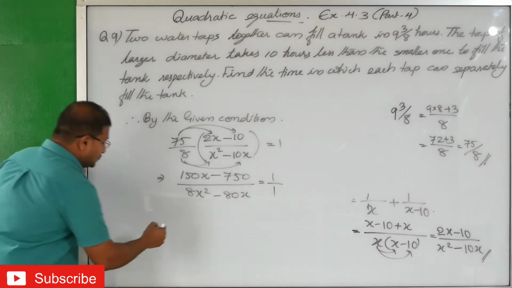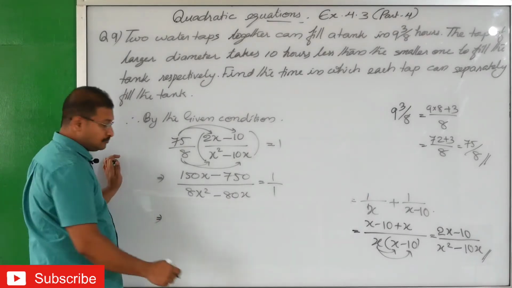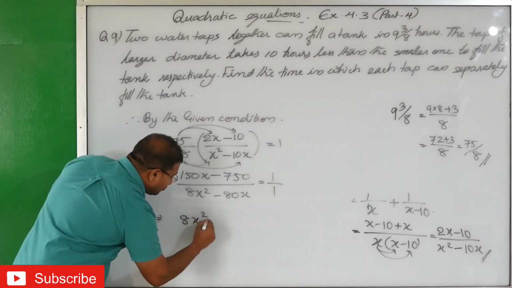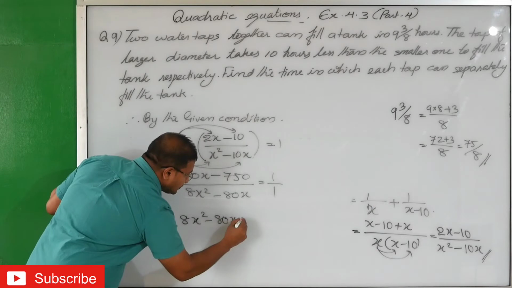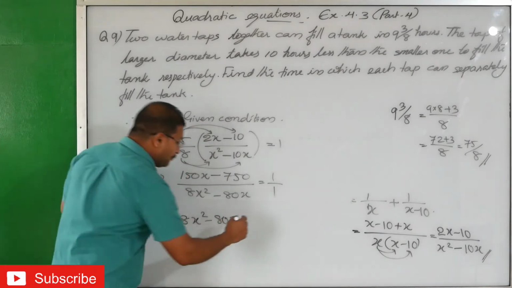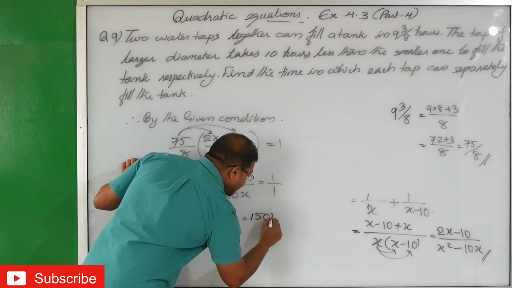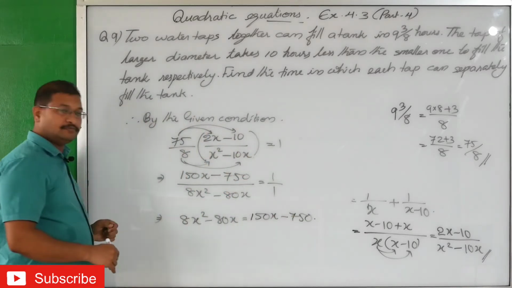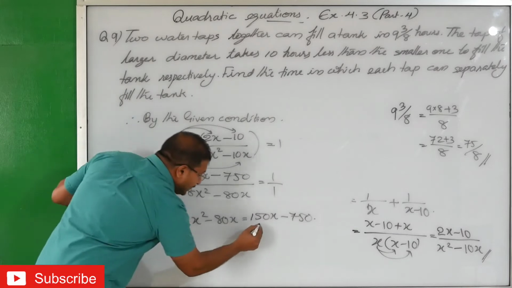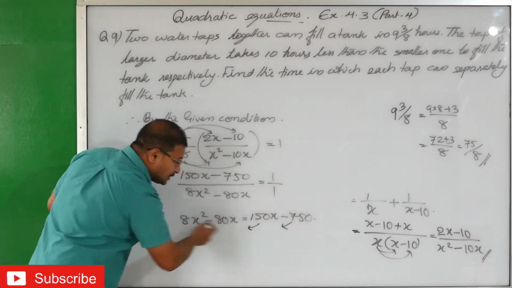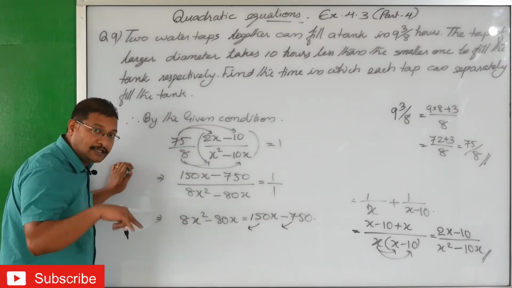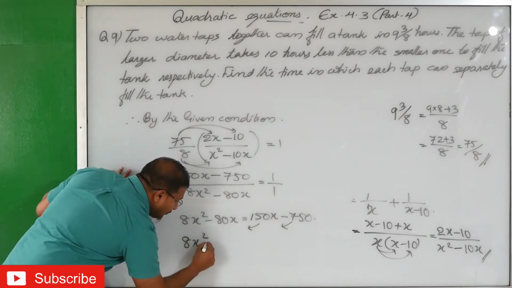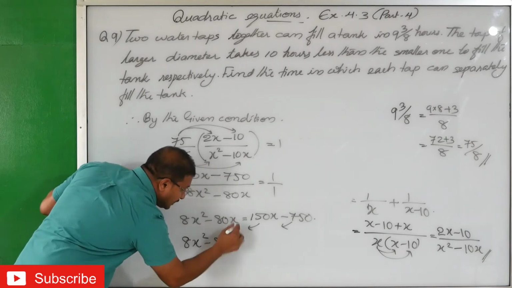This implies we'll cross multiply. So what will you get? 8x square minus 80x equals 150x minus 750. Okay, now this will carry to the next side. That means plus will convert into minus, minus will convert into plus. That means 8x square minus 80x is already here.